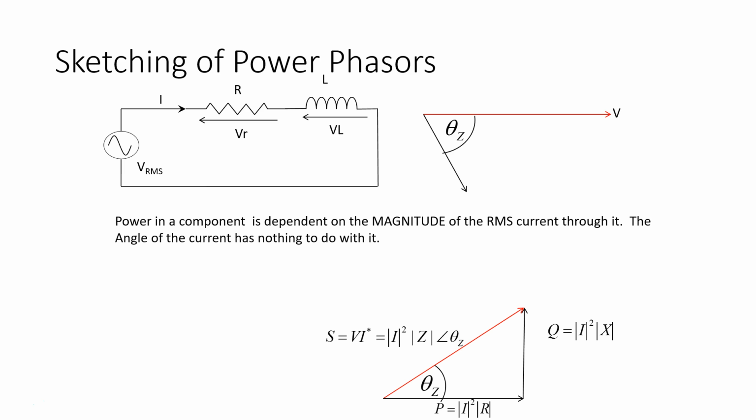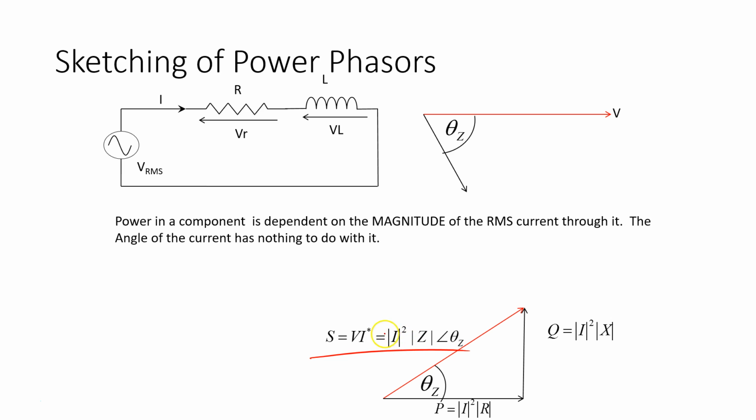So let's look now at sketching some phasors for power. So if we have a simple RL circuit, I could get the magnitude of the apparent power, S is equal to VI conjugate, which is the same as I squared Z, just like you'd have I squared R in a resistor in a DC circuit.